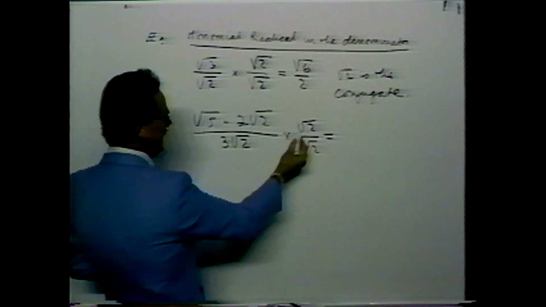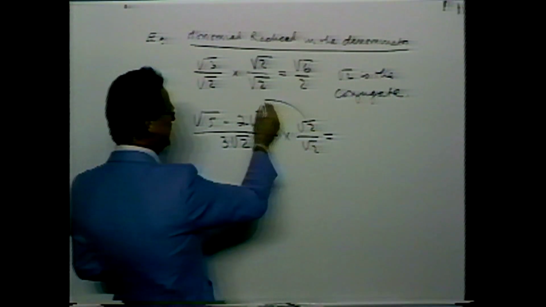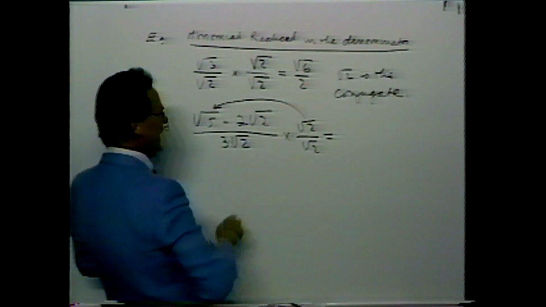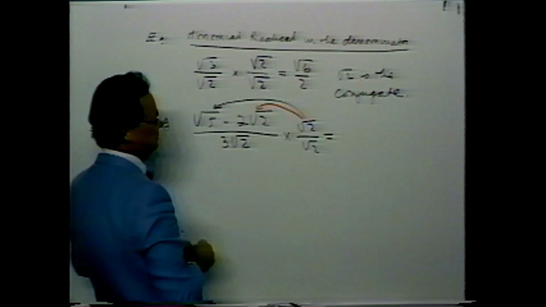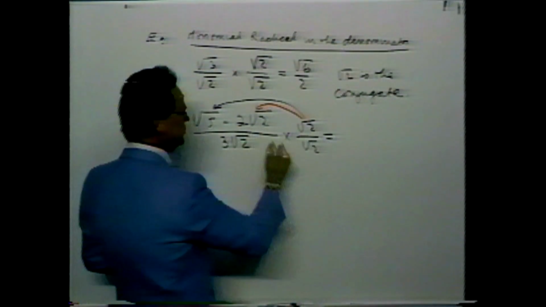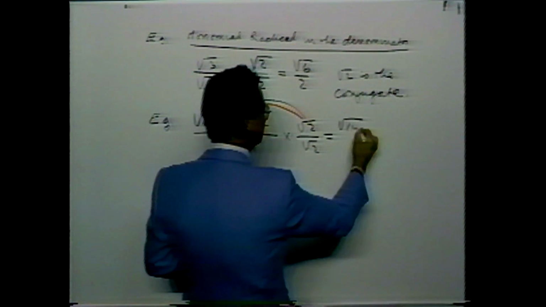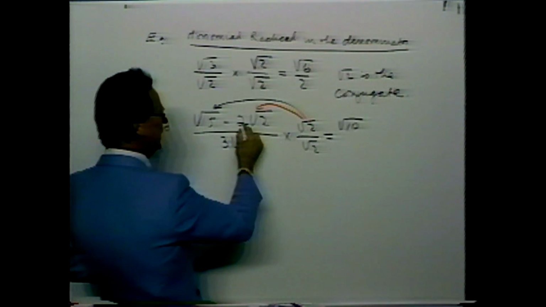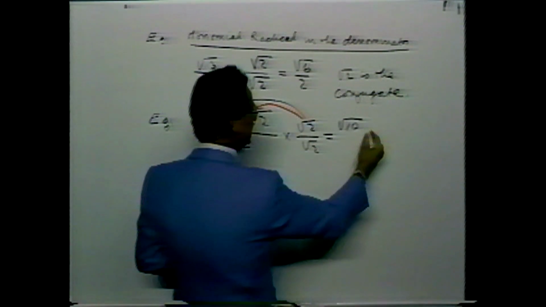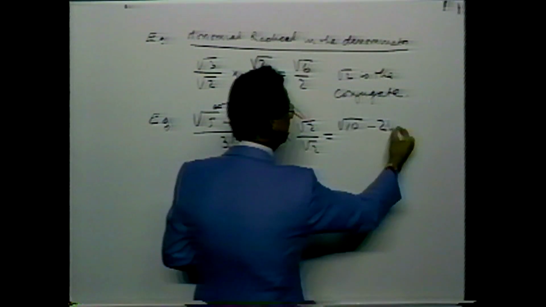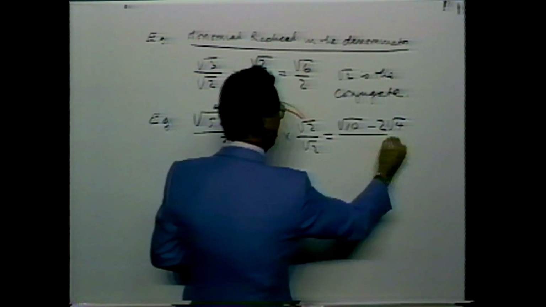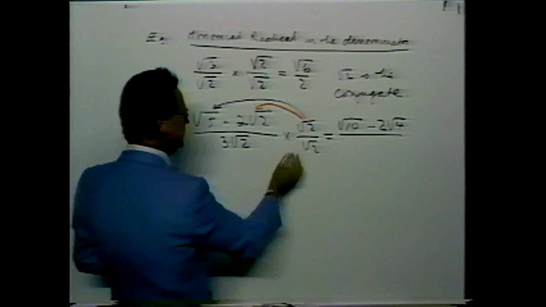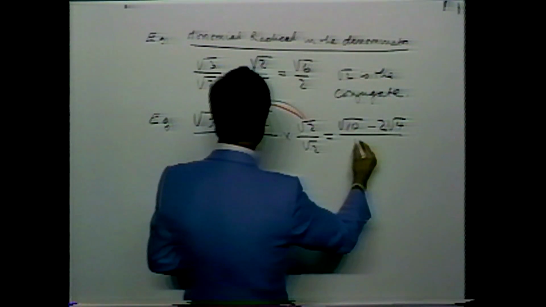Continuing then, I have the square root of 2 multiplied by this term and the square root of 2 multiplied by this term. This amounts to root 2 times root 5 is root 10. Root 2 times 2 root 2 is equal to minus 2 root 4, careful here, divided by 3 root 2 times root 2, which is 3 times 2.